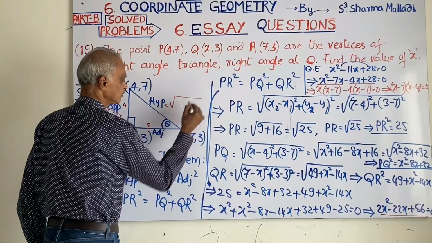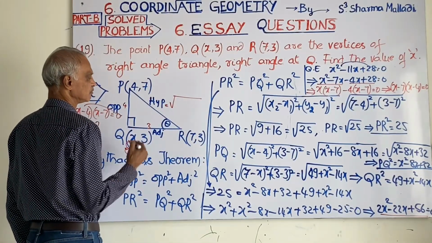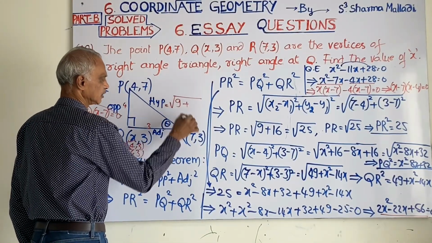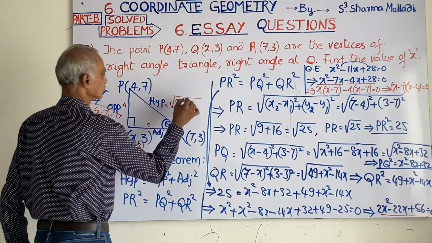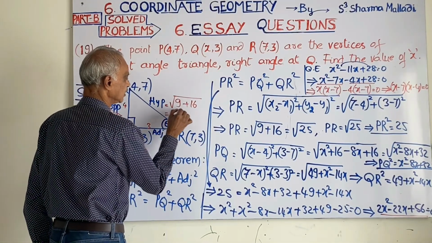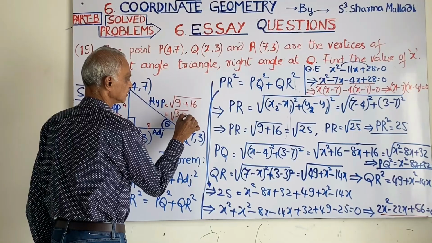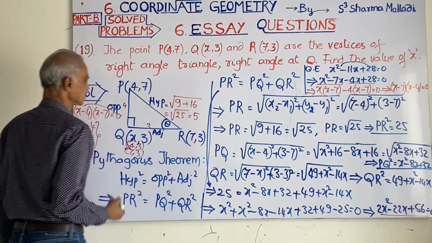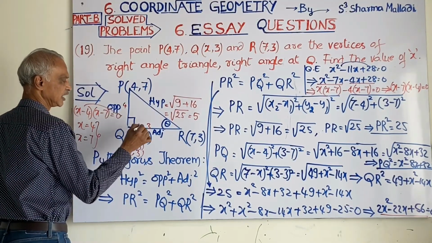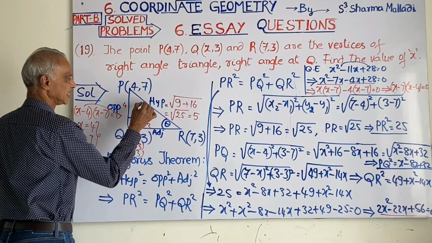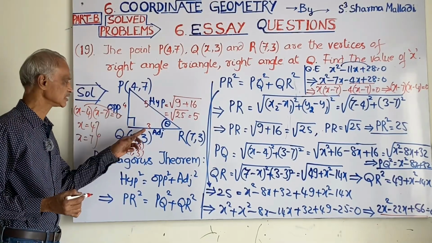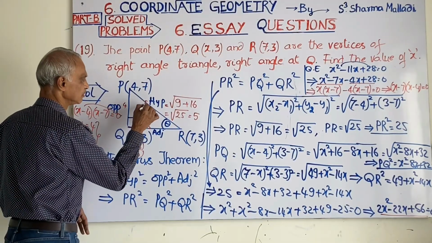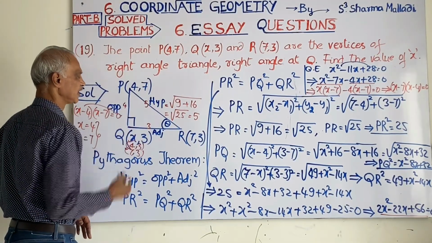As I will do here: 7 minus 4 whole square means 9, 3 minus 4 whole square means 16. You are getting root 25, which is nothing but 5. This side is 4 and this side is 3, and the hypotenuse will be 5.